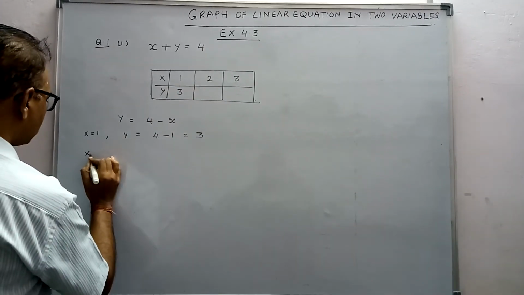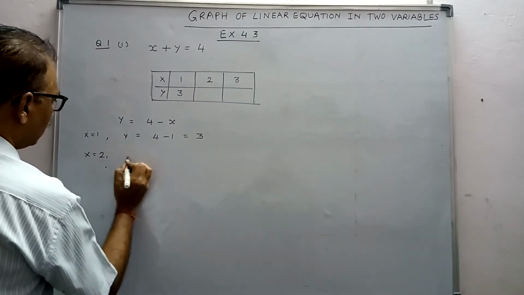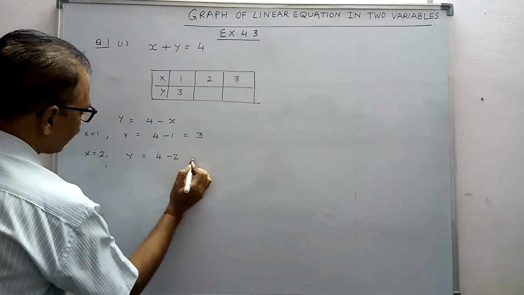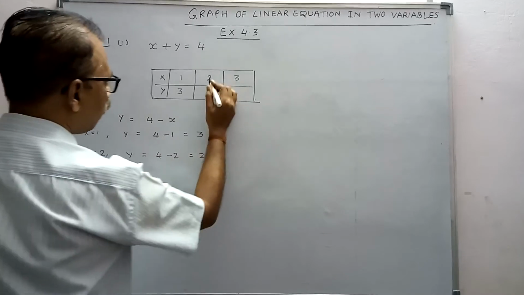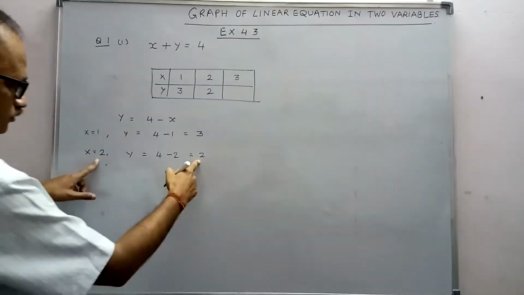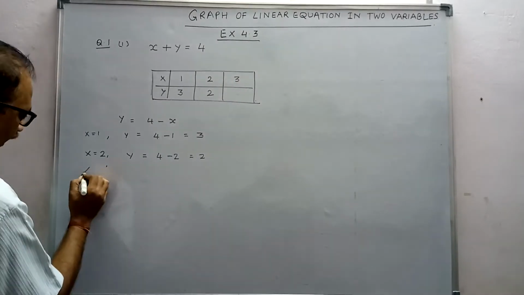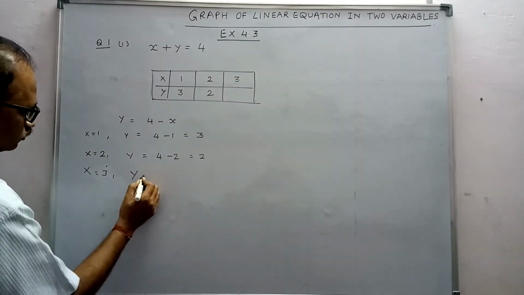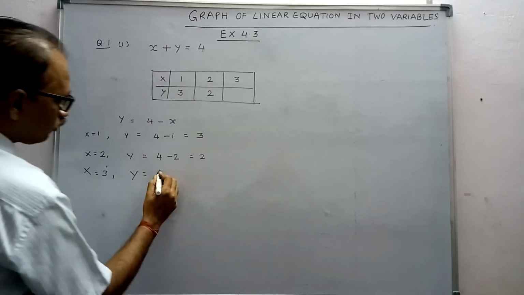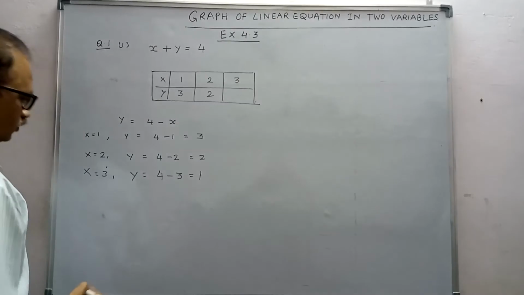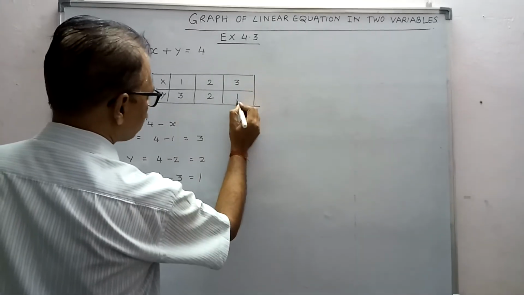Similarly, when x is equal to 2, y is equal to 4 minus 2, that is equal to 2. X is 2, y is 2. When x is equal to 3, y is equal to 4 minus 3, that is equal to 1. So x is 3, y is 1.